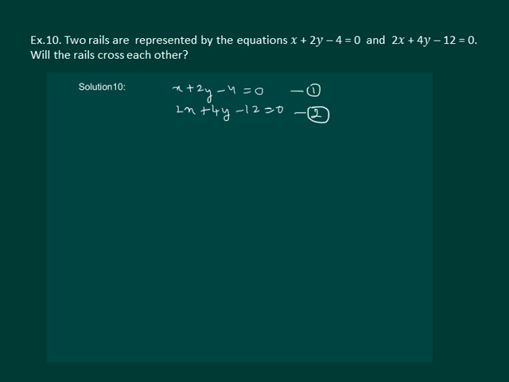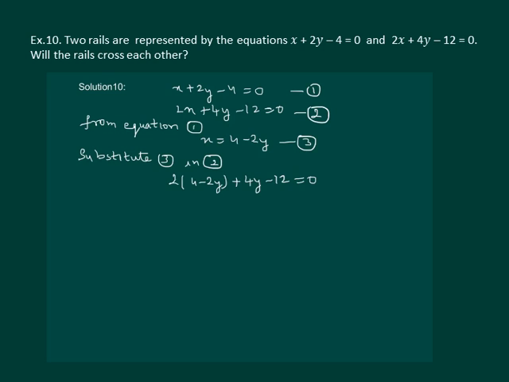So let us start using substitution method to solve these equations. From equation 1, x equal to 4 minus 2y. Substitute 3 in 2, we get, solve this further, we get 8 minus 4y plus 4y minus 12 equal to 0. 4y gets cancelled and we are left with minus 4 equal to 0.